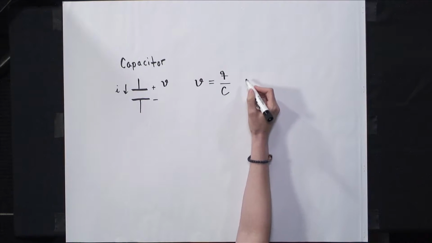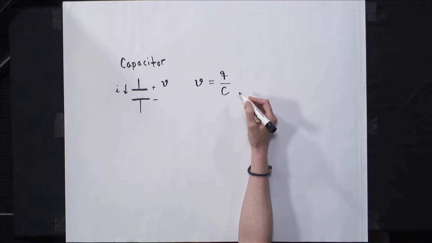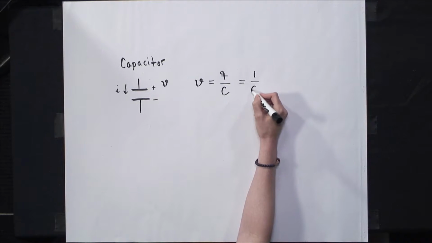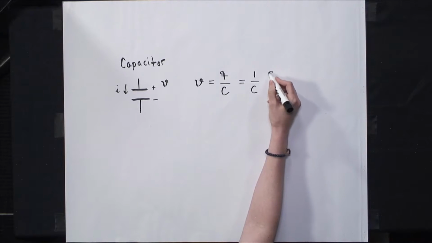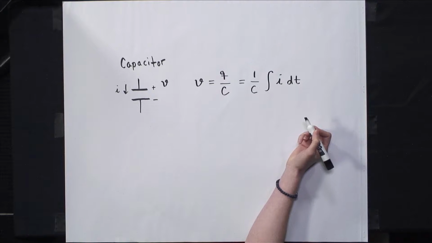Because charge is related to current, we can also write this operational equation as voltage equals 1 over the capacitance, 1 over C, multiplied by the integral of the current with respect to time.